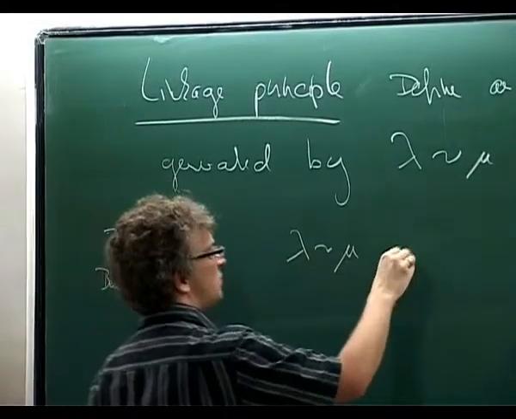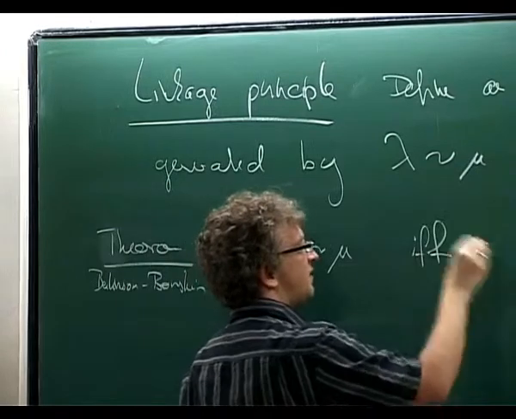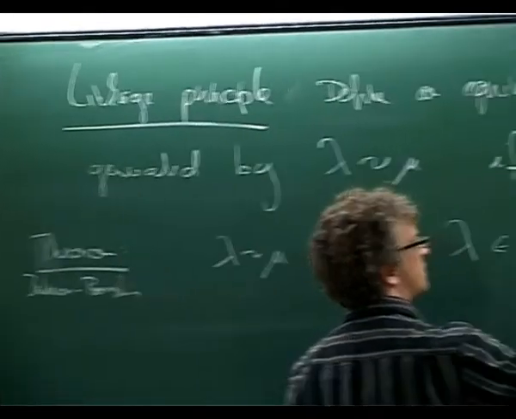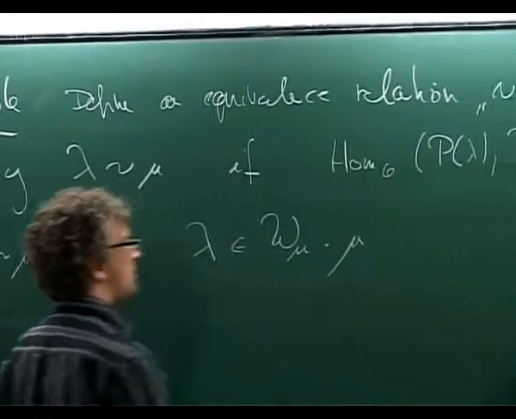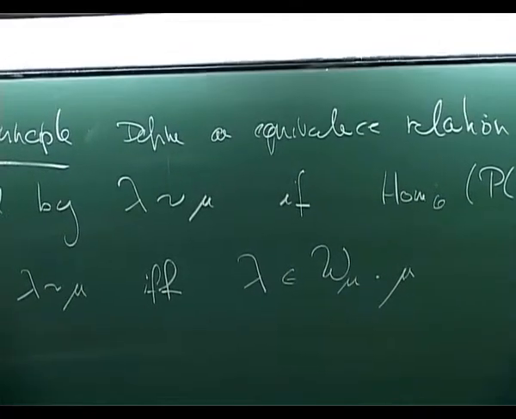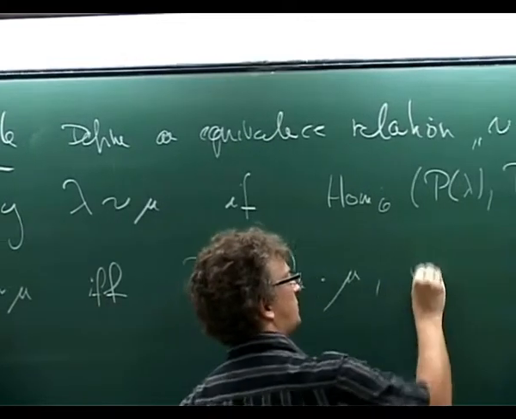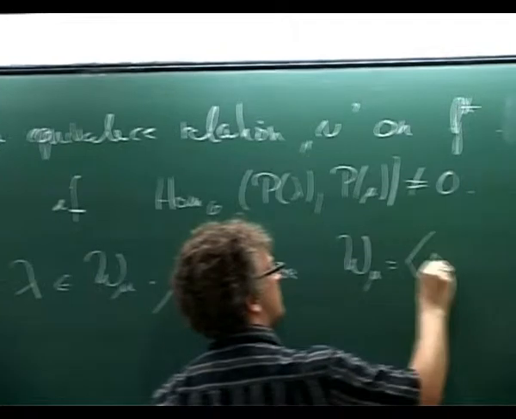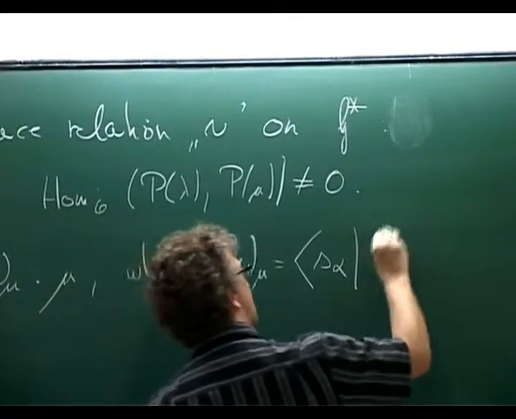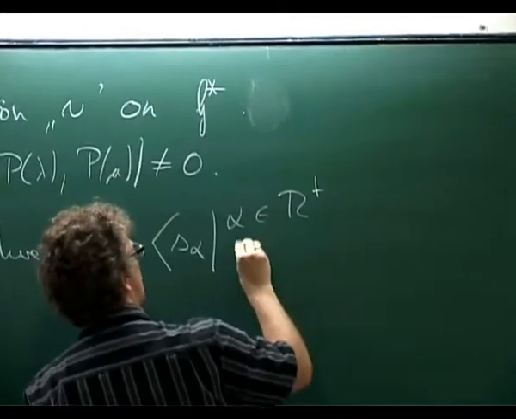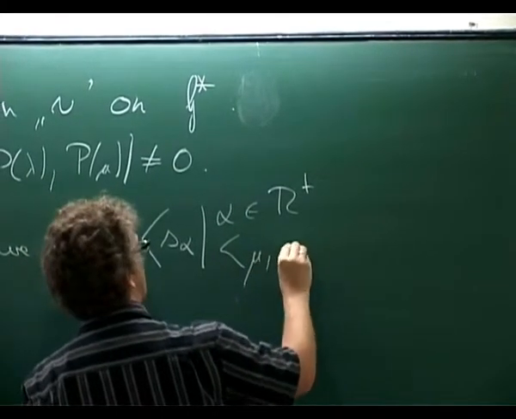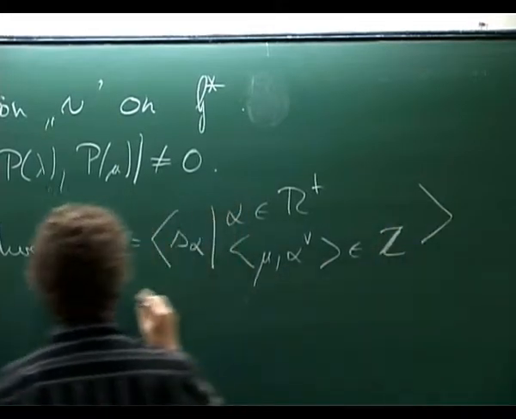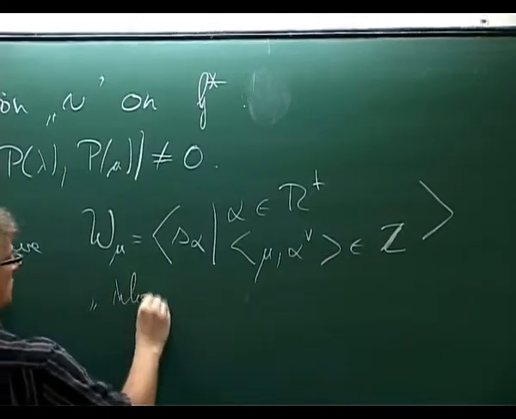Lambda is equivalent to mu if and only if lambda is in the orbit of a certain subgroup of the Weyl group, or the orbit of mu, where W mu is the group generated by our reflections s alpha, where alpha is a positive root, and the pairing of mu with alpha check is an integer. So this is also called the integral subgroup.